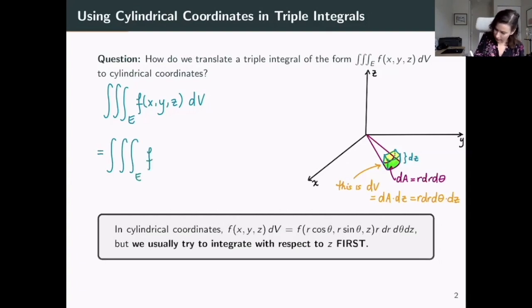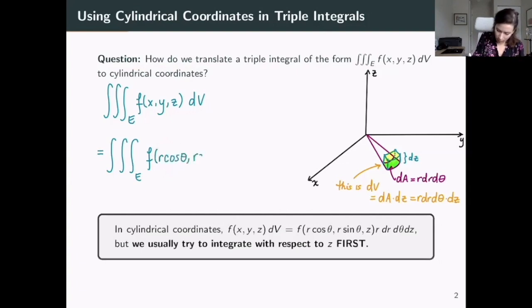We're still dealing with our multivariable function, f of x, y, z, but we want to translate now our x and our y in terms of our polar coordinates. So in total then, our x is going to be r cos theta.